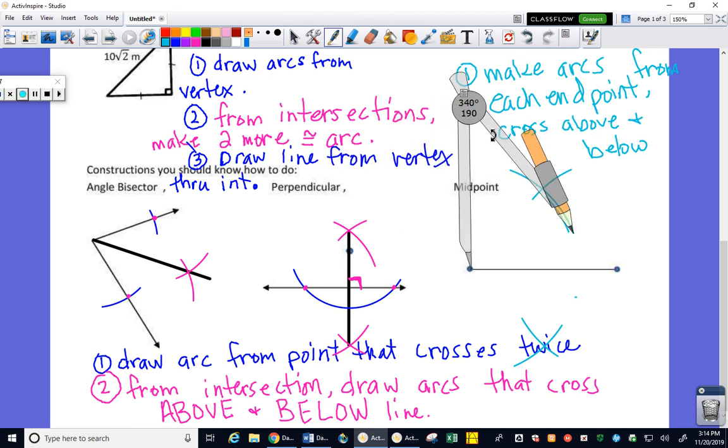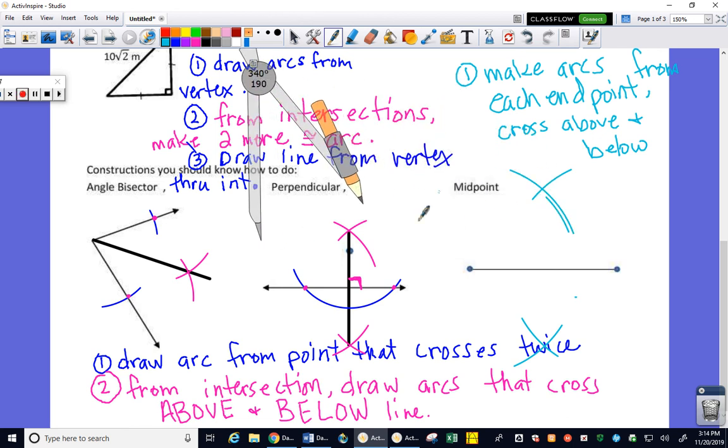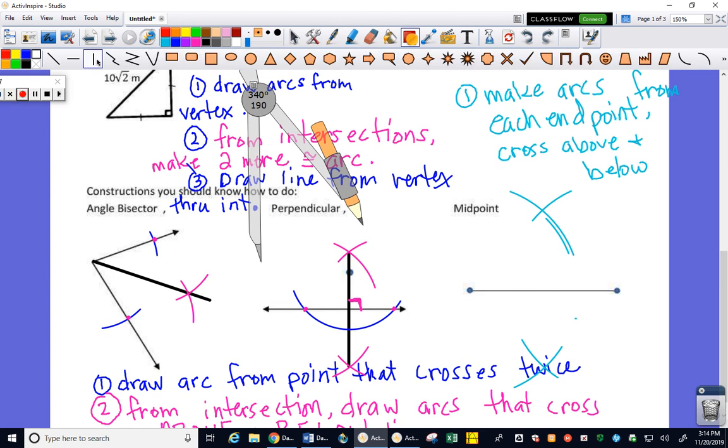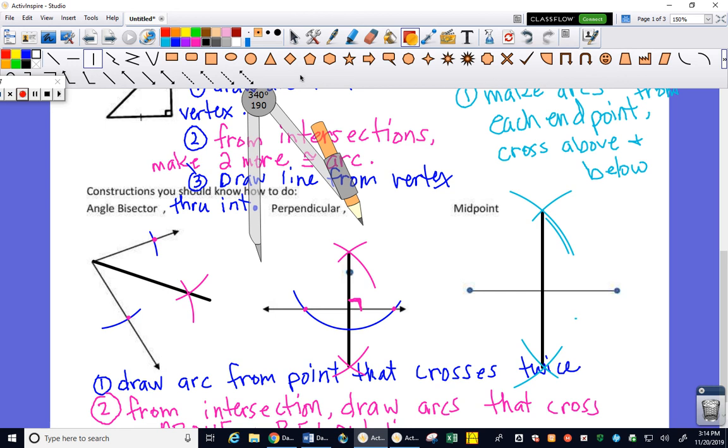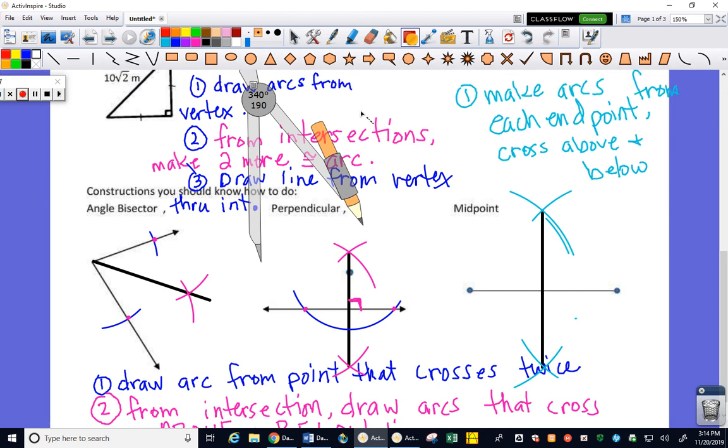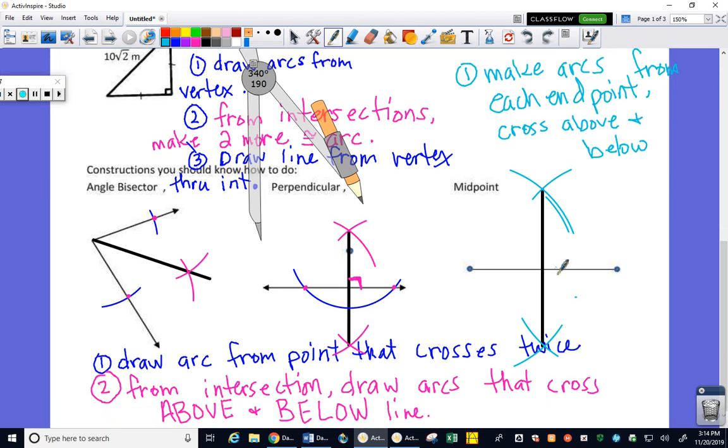There we go. Just like with the perpendicular, you make X's above and X's below, and now we simply have to connect these two arcs with a line right there where they intersect. So this happens to turn out to be the midpoint. This point right here is the point that cuts this segment exactly in half.